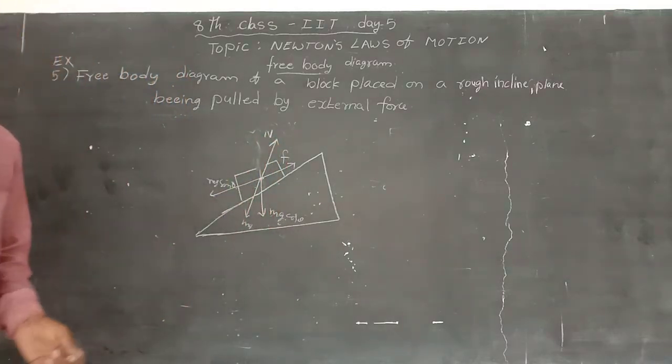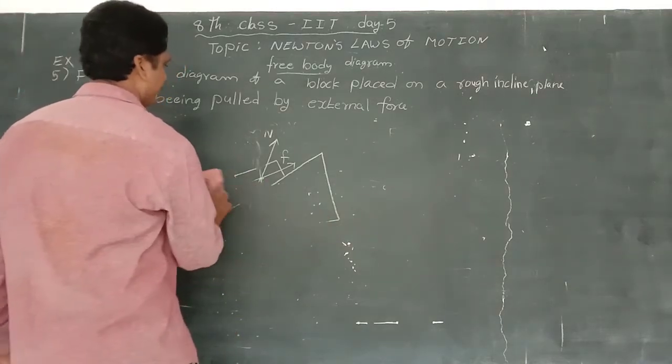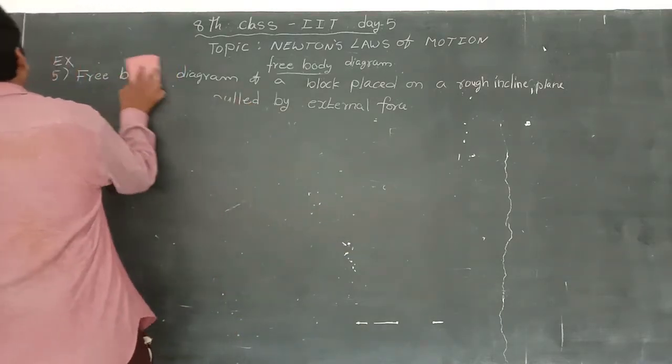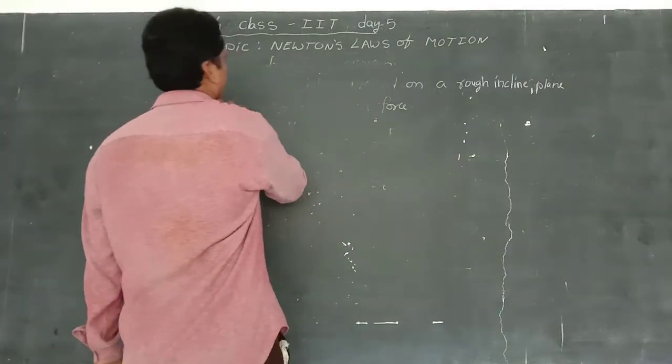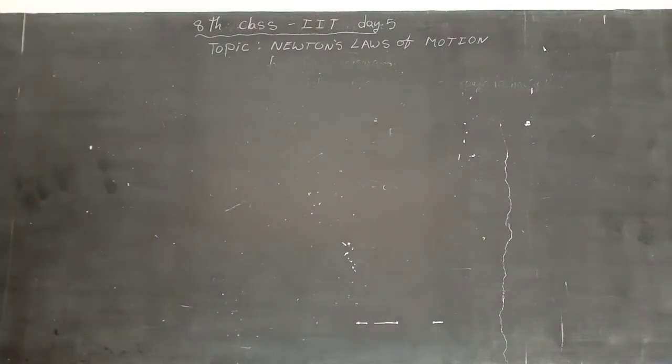This is the free body diagram of a body on a rough inclined plane. Okay. Next.